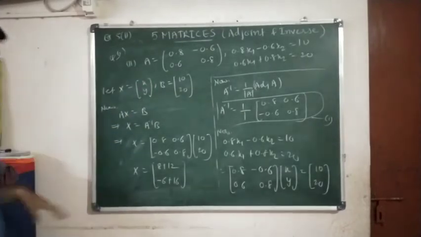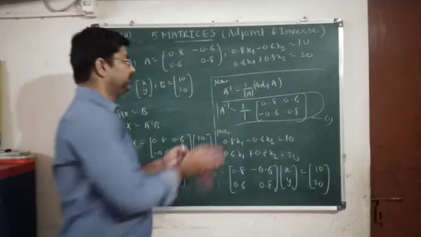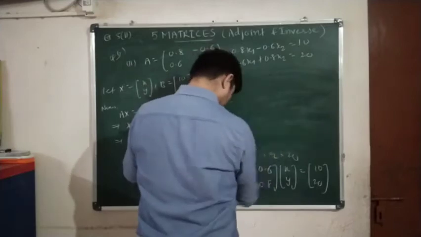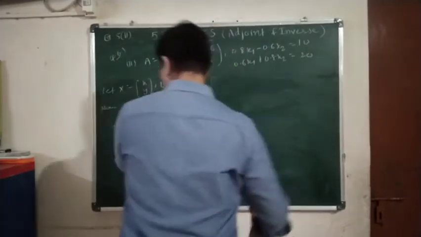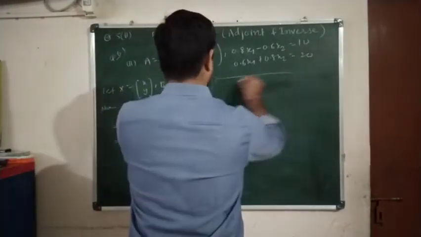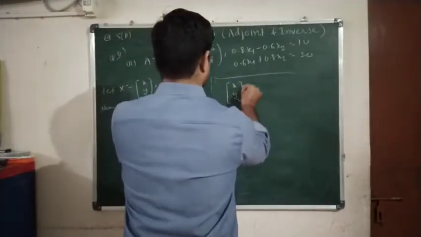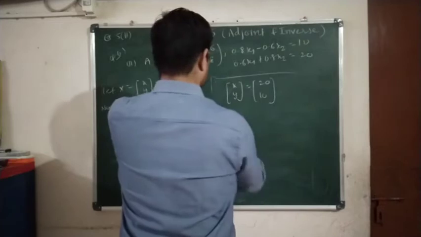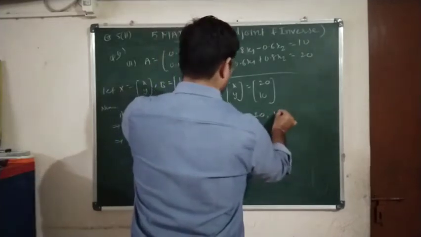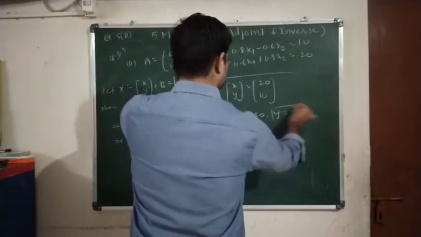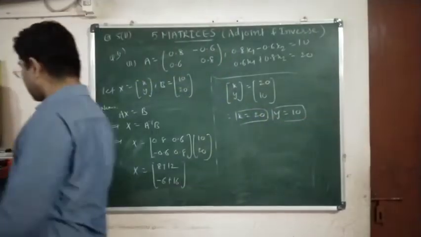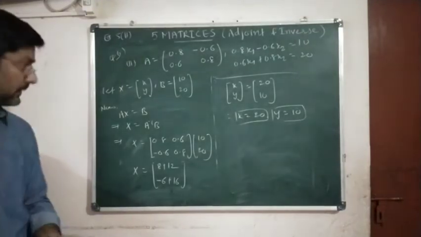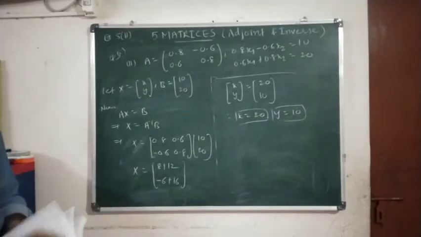Okay, therefore now matrix X contains elements x, y and 20, 10, and therefore x is equal to 20 and y is equal to 10. So we got the solution. The values of x and y are respectively 20 and 10.